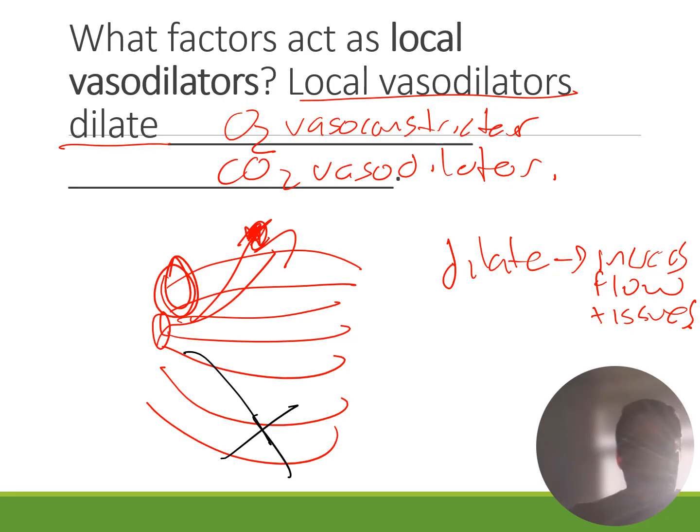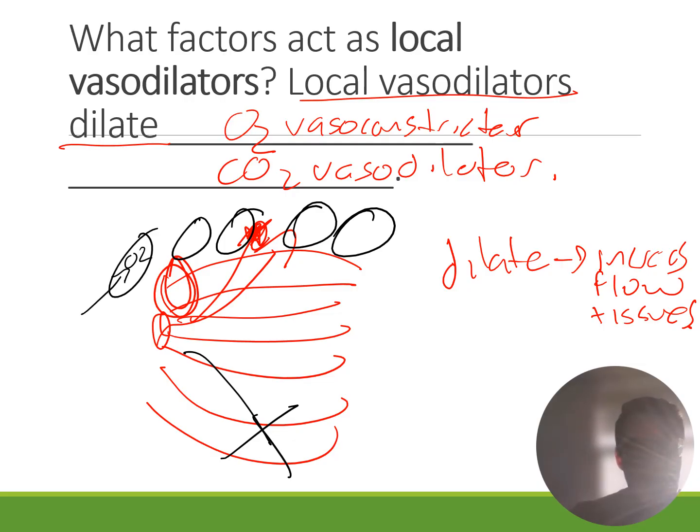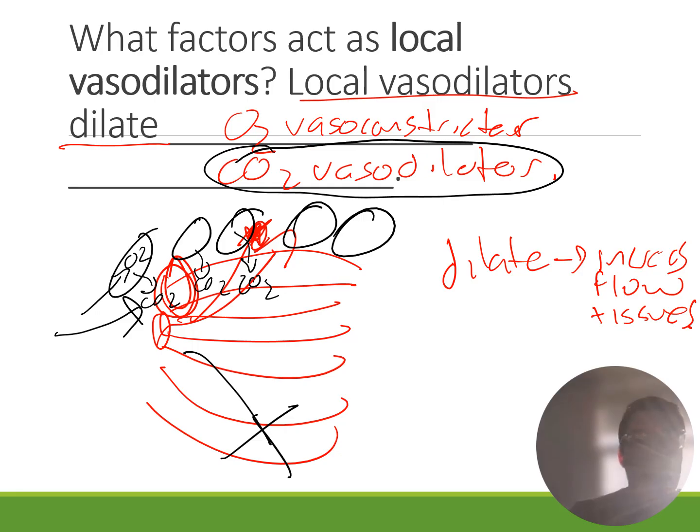That is because if the muscle cell or the tissue that is here is working out and consuming more oxygen, the byproduct is going to be CO2. So it is releasing a lot of CO2 into this section, so that the capillary beds know, hey, this tissue needs more blood flow. So we need to relax to allow more flow into this section, and we do this through CO2. So CO2 is a vasodilator, oxygen is a vasoconstrictor.